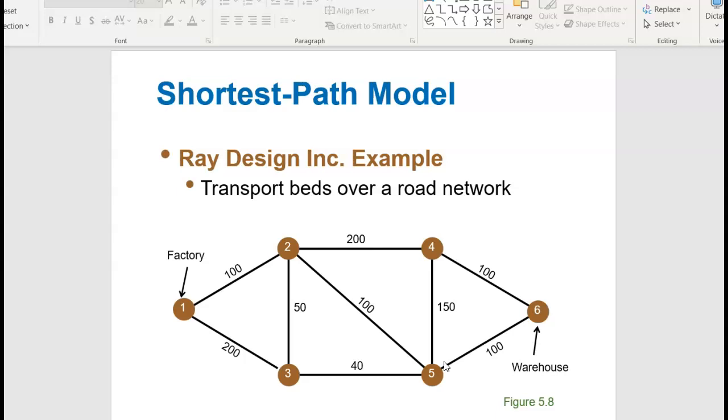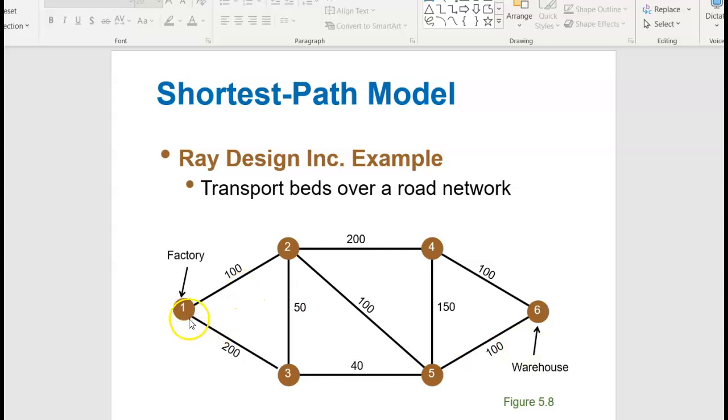In this case, we're not concerned about how many furniture items travel from node 1 to node 6, which we generally do in a transshipment or transportation model. We're only interested in, if a truck starts at the factory and wants to reach the warehouse, which of these routes it should take.